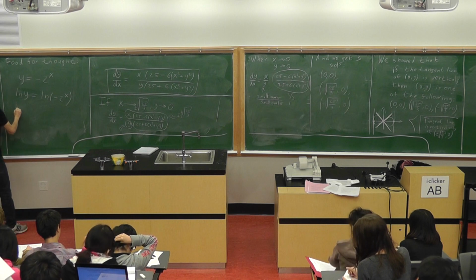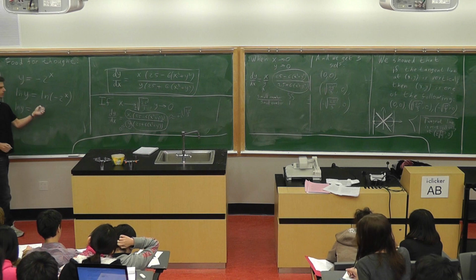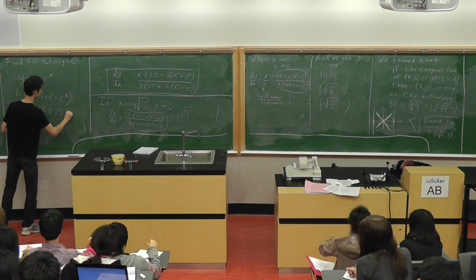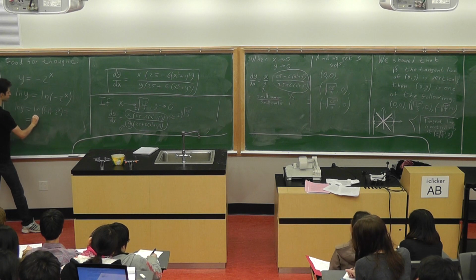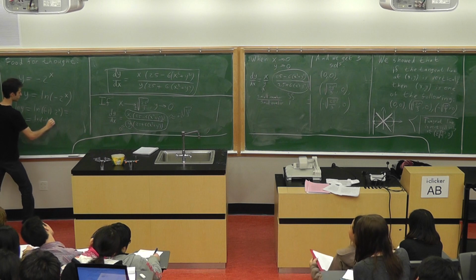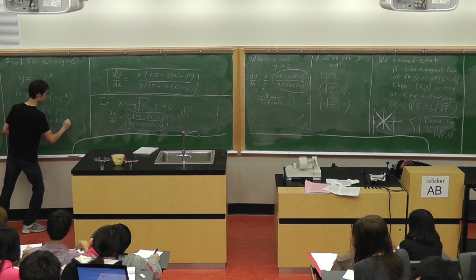What is ln of negative 2 to the power x? It's ln of negative 1 times 2 to the power x, which by the rules of logarithm is ln of minus 1 plus x times ln of 2.